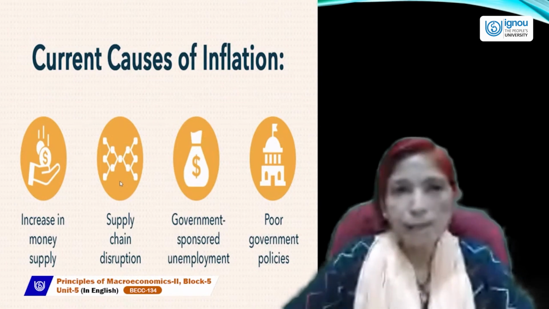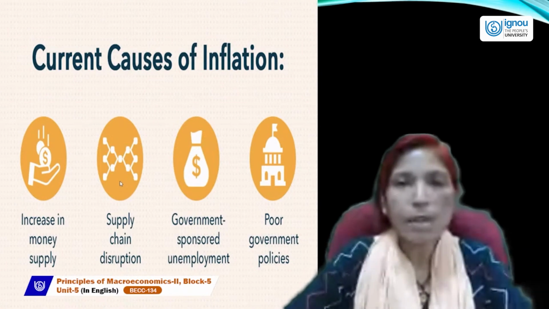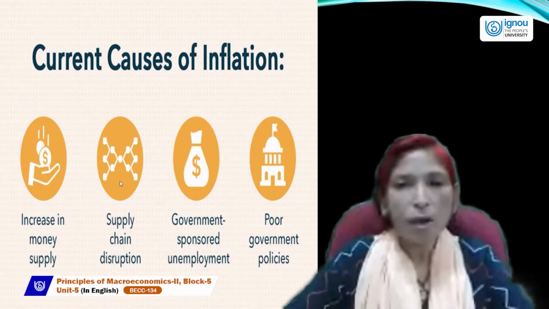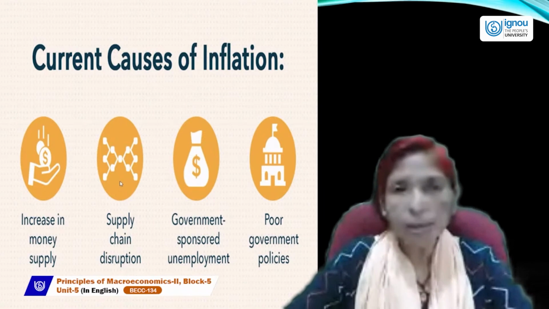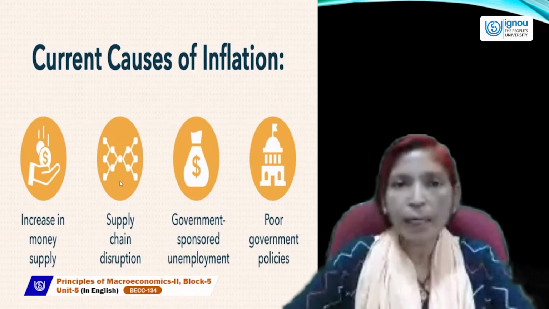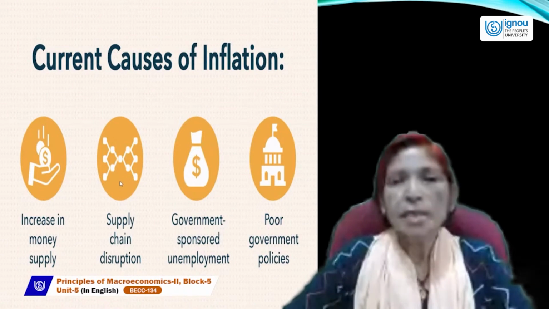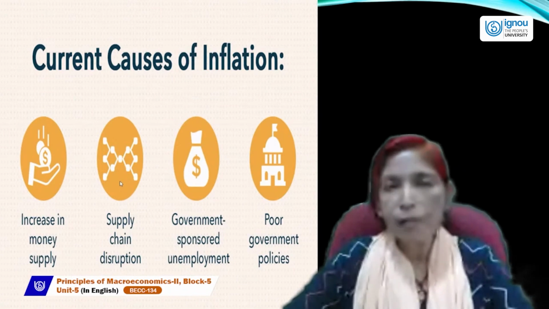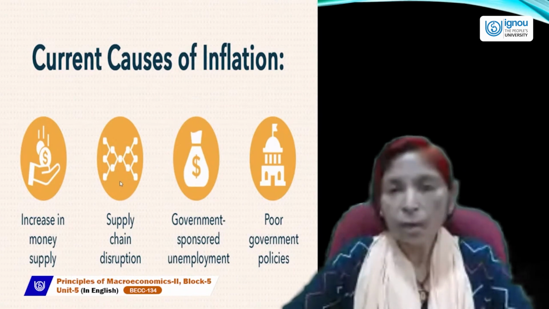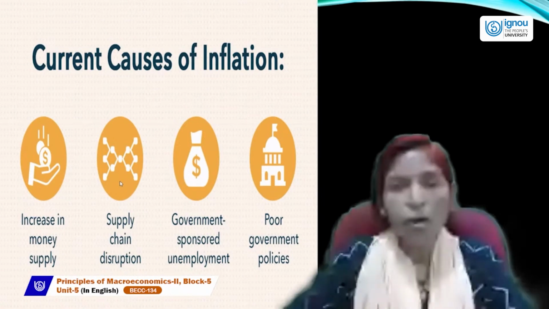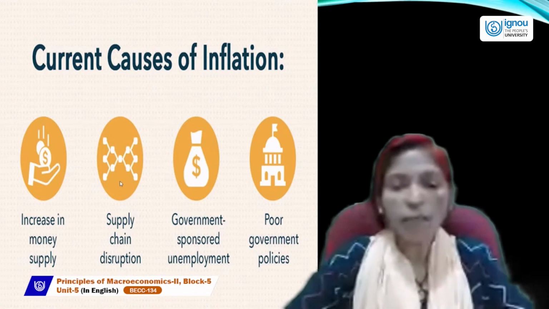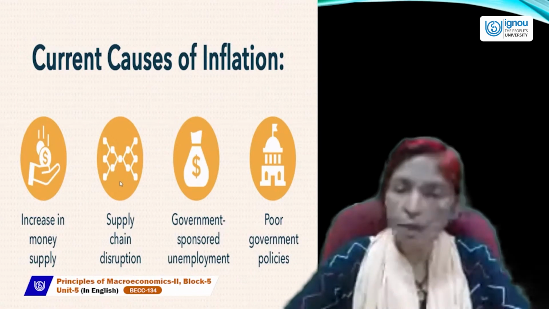Government policies are also a main responsible cause of inflation. If the government is not making good policies for the economy, if the government is making poor policies, like spending too much without looking at its revenues, and spending money unnecessarily which does not contribute to the development of the country, if the government is corrupt and not making good policies for the economy, in that case inflation occurs.